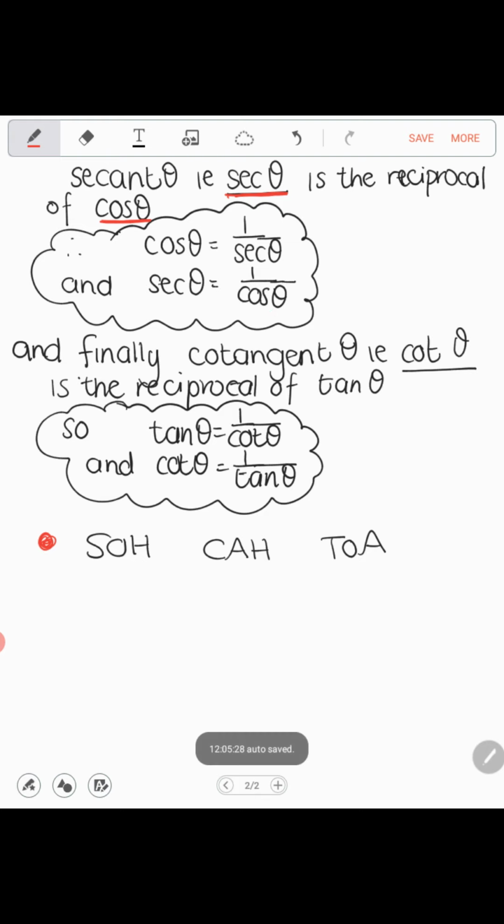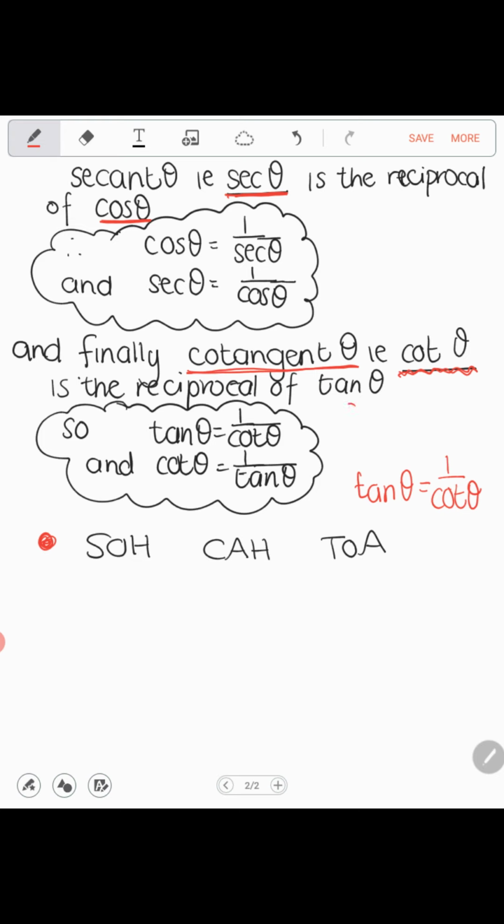And then finally, we've got cotangent theta, which we abbreviate to cot theta. And cot and tan are the reciprocals of each other. So tan theta is 1 over cot theta, and cot theta is 1 over tan theta. All right. So how I remember the reciprocals: with tan and cot, they kind of do seem to link together.